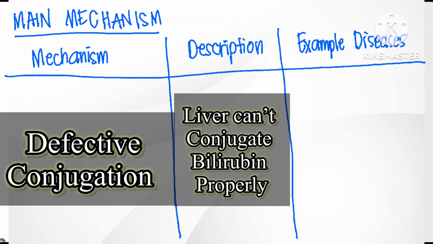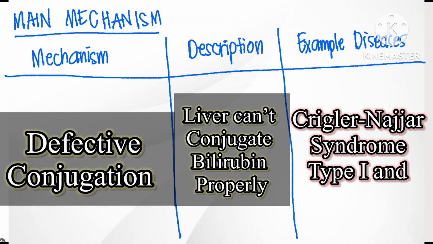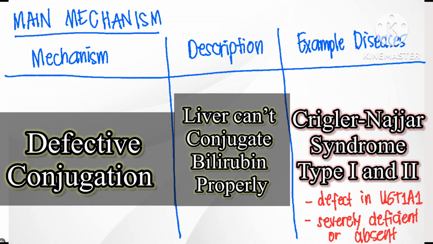Next would be the Crigler-Najjar syndrome type 1 and type 2. This is a rare inherited disorder of bilirubin metabolism caused by a defect in the enzyme UDP glucuronosyl transferase, or the UGT1A1. That's the same enzyme that's partially reduced in Gilbert syndrome, if you can remember, right? But in Crigler-Najjar syndrome, class, it is severely deficient or absent.